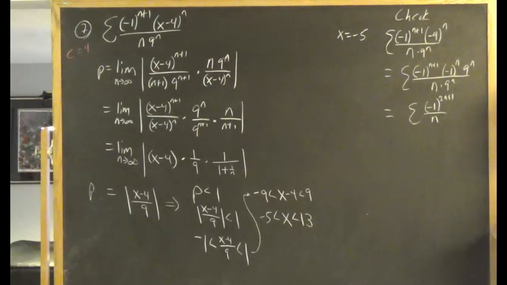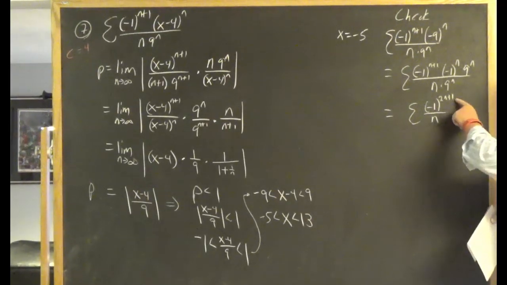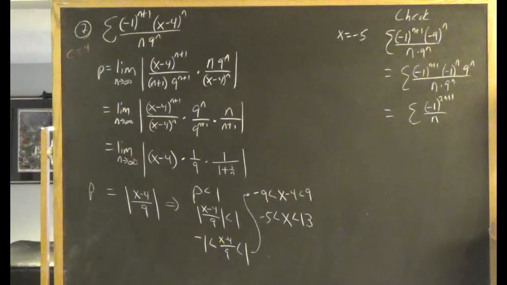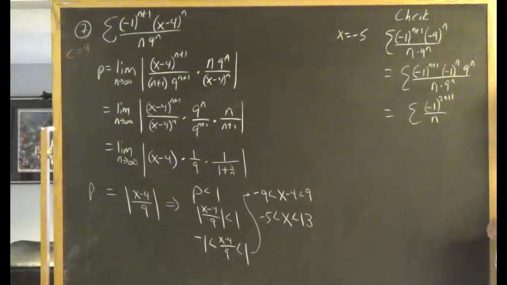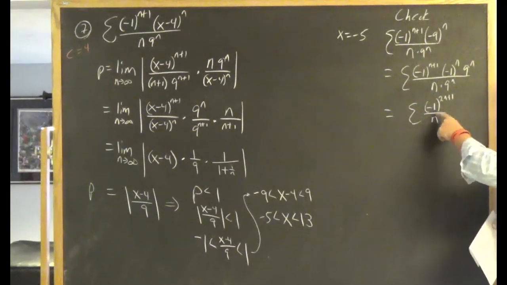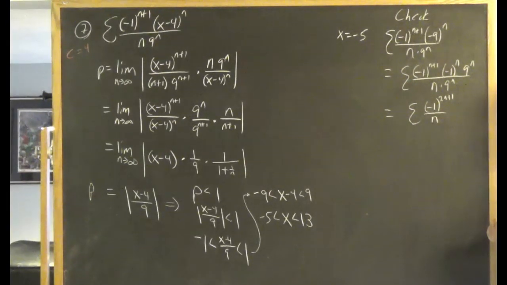Well, the first thing, this is not an alternating series. As you put in values for n, this exponent, 2n plus 1, is always going to be an odd number. For any value of n, that's an odd number. And because it's an odd number, -1 to an odd power is always -1.